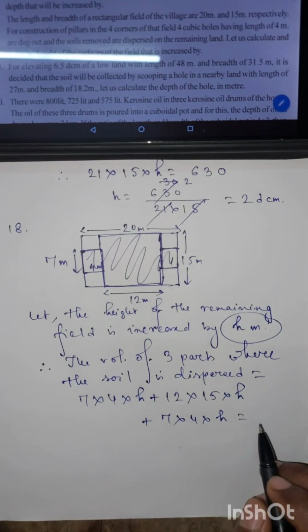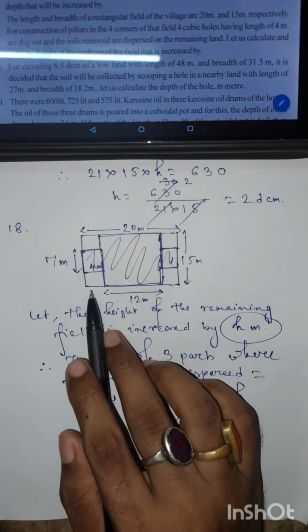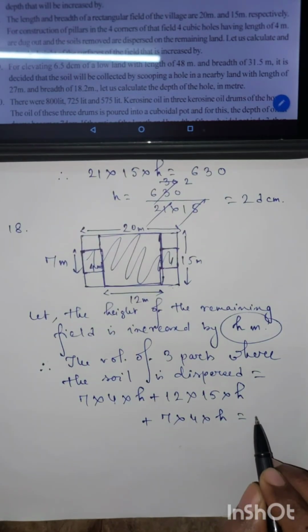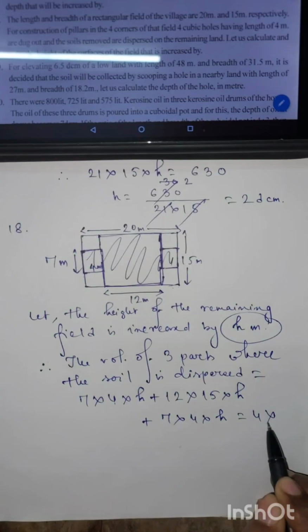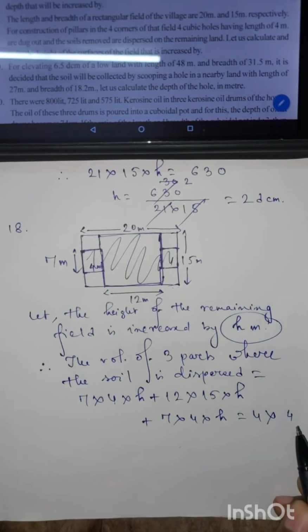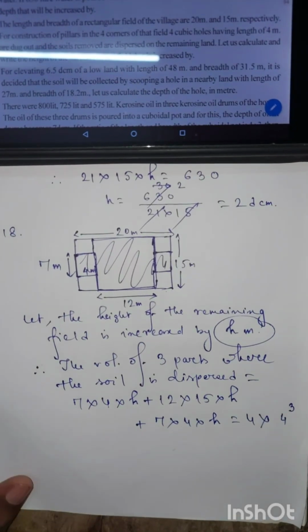And the volume of removed soil is volume of 1 cube into 4, because we have 4 cubes. So 4 into volume of 1 cube, which is 4 cube. Okay, so this is our equation. Now we need to solve it for h.